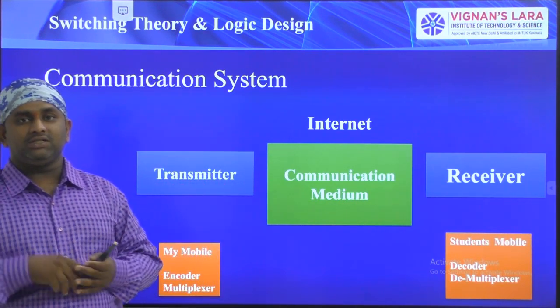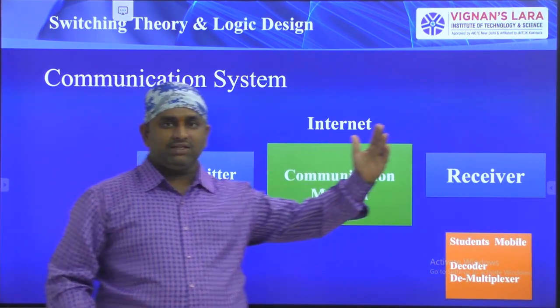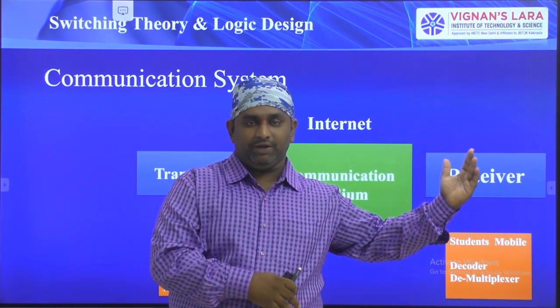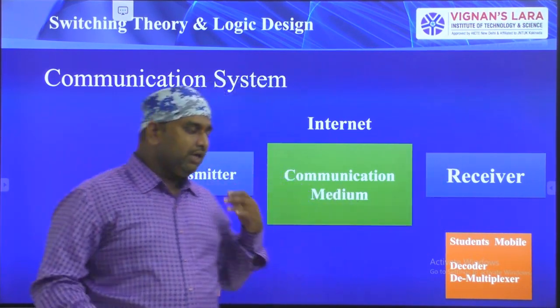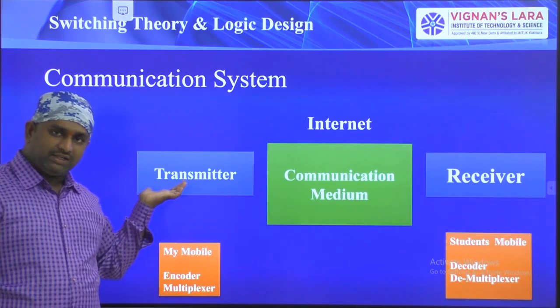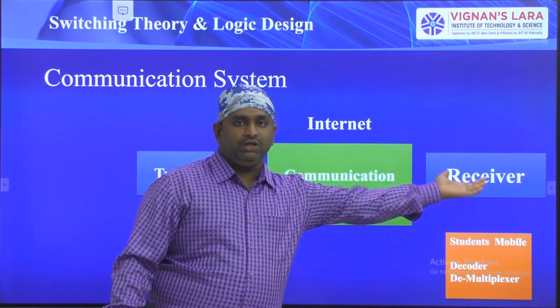On one side we are giving the information, and on the other side it is being received. The information is decoded by the receiver. It's a very simple thing: on the transmitter side we are using encoders, and on the receiver side we are using decoders.